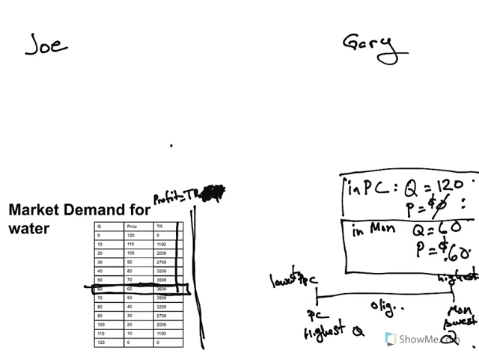Now what we'd like to do is see if we can come up with the outcome that we would predict would happen in this market once everything's settled down. We might anticipate that initially Joe and Gary are going to compete with each other as much as possible, but eventually we're going to reach an equilibrium. We remember equilibrium from our market model back in our second week.